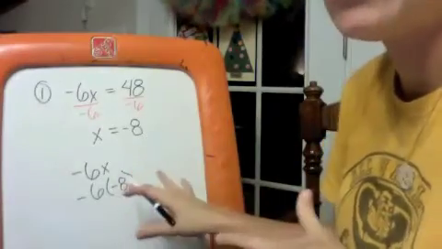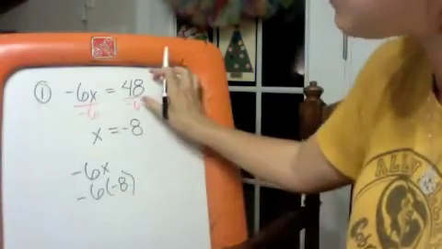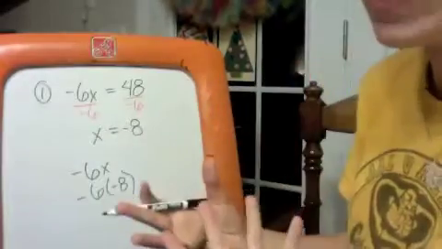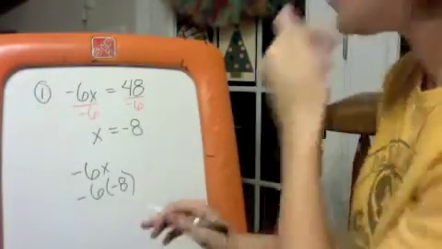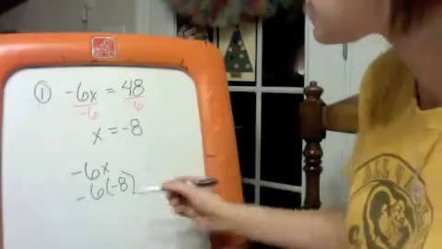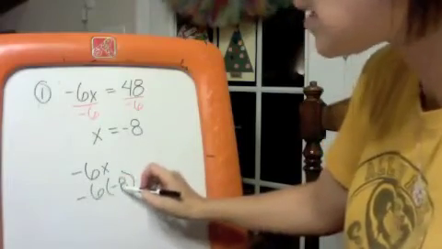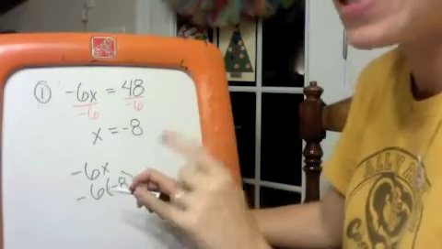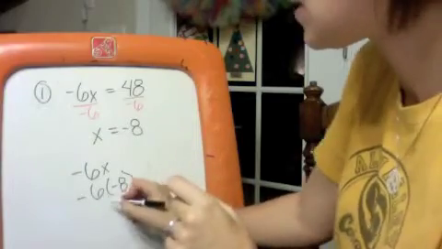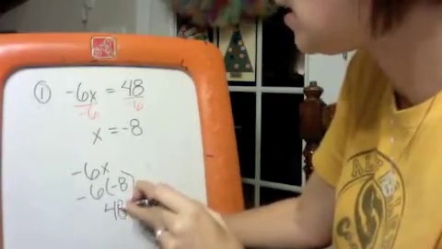Make sure that when you do this, you don't just write in the number that you had before. You really need to actually do this problem so that you can make sure that it's correct. So negative 6 times negative 8. I know a negative times a negative is a positive, and 6 times 8 is 48, and that is what I started off with, so that's going to check out.